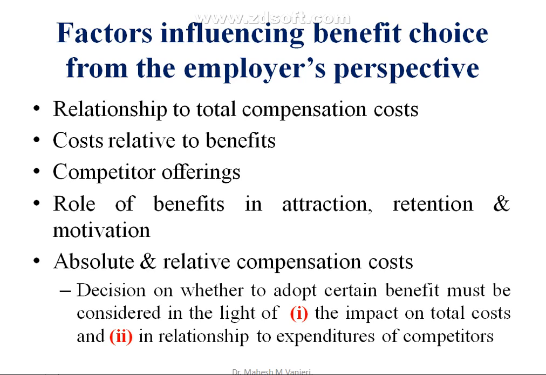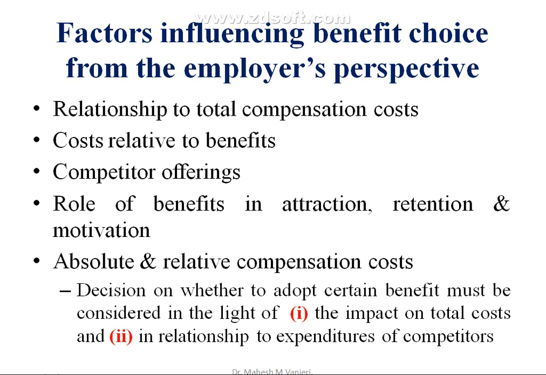So once a company decides and designs the benefits plan, including dearness allowance, it has a bearing on the future of the company as well. The cost will continue to remain and rise. That is what we read in the first slide: the cost of benefits is rising continuously, and it is a cost to the company, remember. So how do benefits behave in relation to total compensation costs? Definitely, if not designed properly, they go on increasing the total compensation cost.